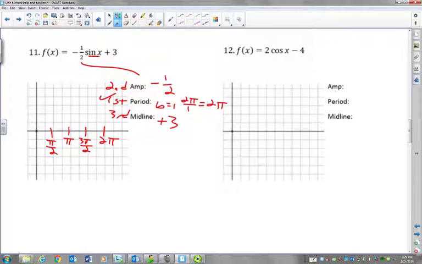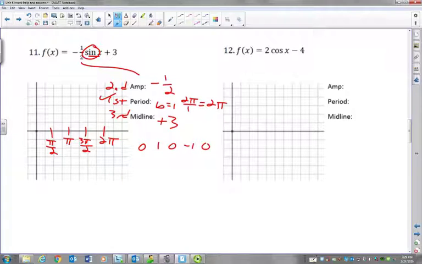So the amp. We're doing sine, so we're going to have to use our famous 5 numbers for sine, which if you remember sine, it is 0, 1, 0, -1, 0, right? So we're going to go ahead and use 0, 1, 0, -1, 0.